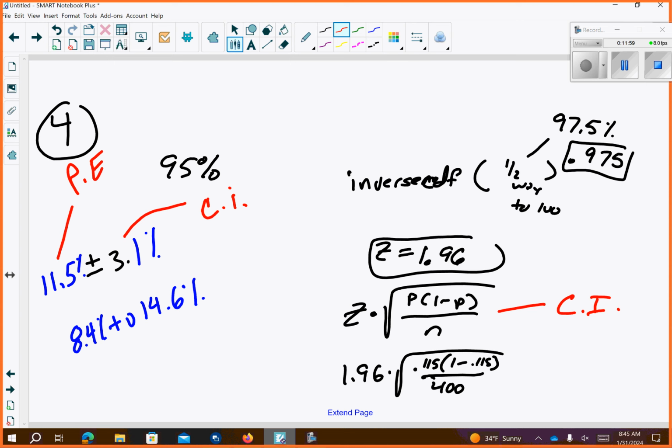As 400, or n, increases, this value becomes smaller and smaller. Which is great, because the more you do in a random sample, the more confident you are as you approach what they call a census, which is 100% of the population.